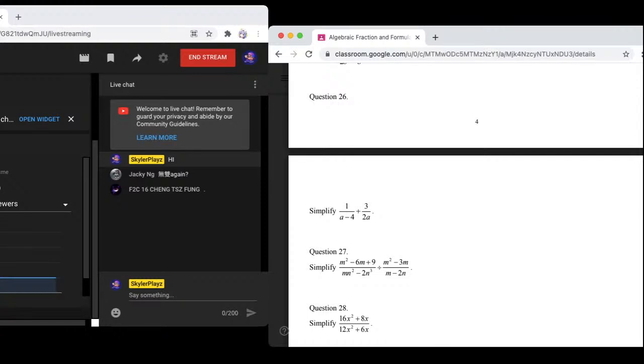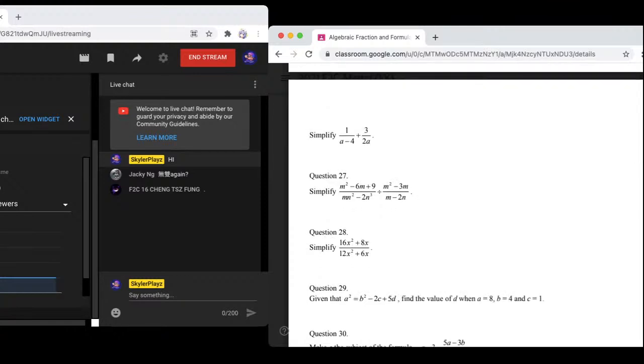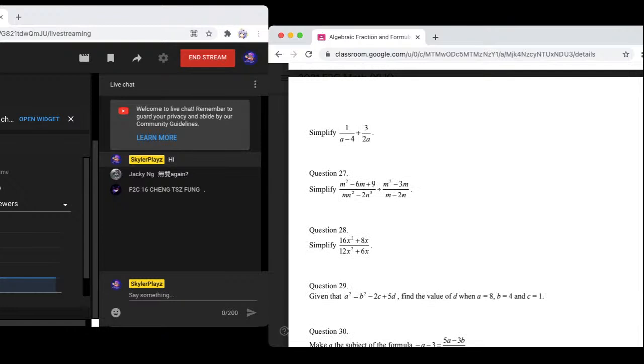47. Simple question, 47. (m squared minus 6m plus 9) over (mn squared minus 2n cubed), divided by (n squared minus 3m)... Perfect square identity, (m minus 3) squared.